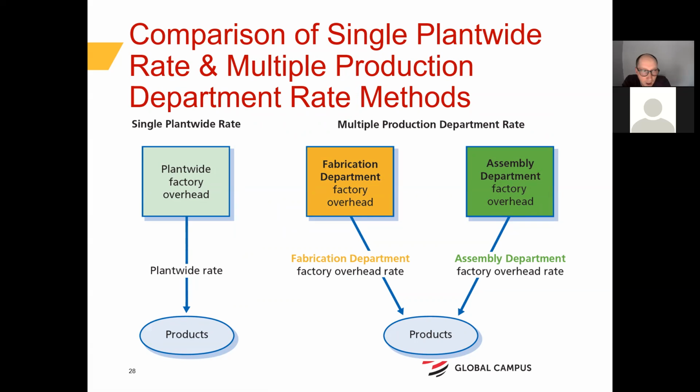Fabrication is the metal fabrication. They're molding the metal to create the body of the product. And the assembly department is putting together the engines, the mechanicals, etc. Each department has its own factory overhead rate, and we apply each rate to the finished good.